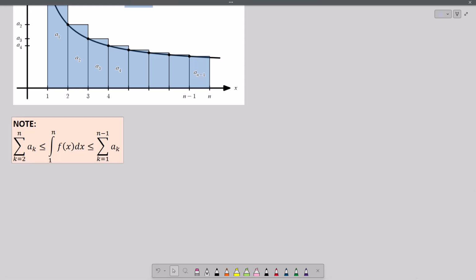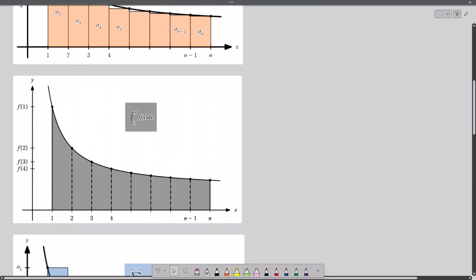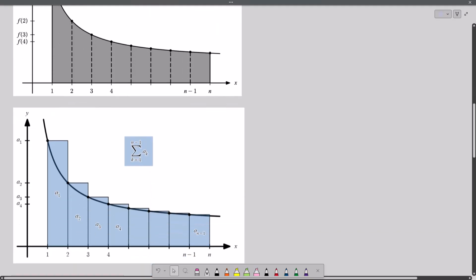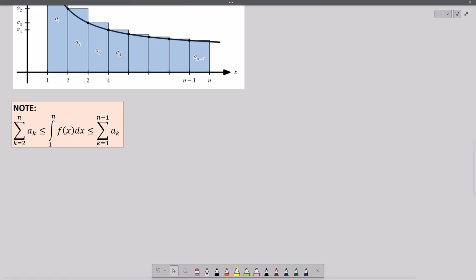And then the pinks, we're going to go from 2, right, a sub 2 up to a sub n. So 2 to n. And the function's area is trapped in between those two. Everyone agree with that? So we've got one overestimate, one underestimate, and the area beneath the function is right in between.